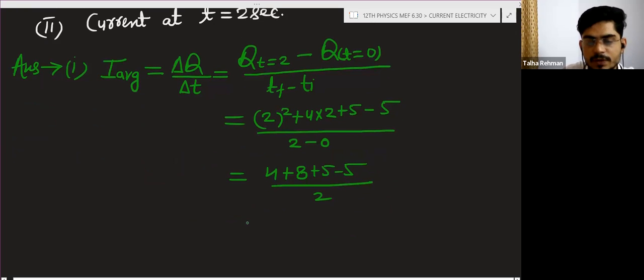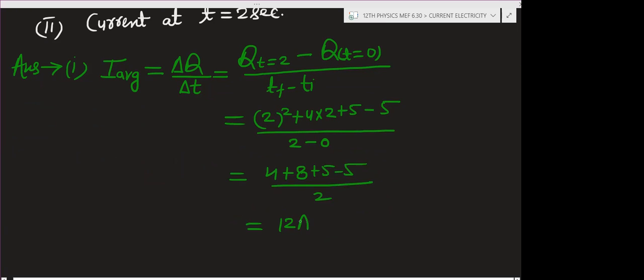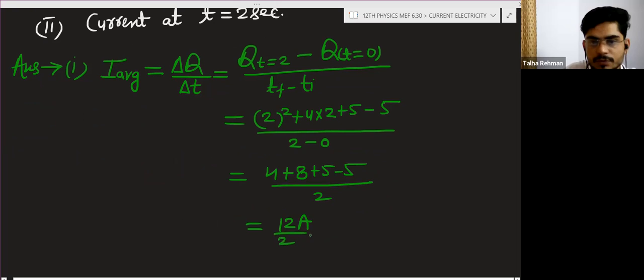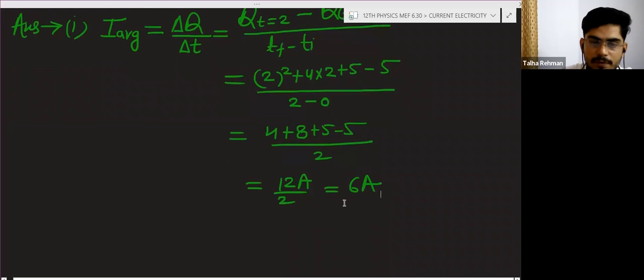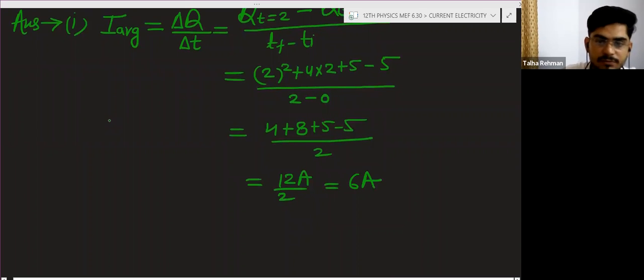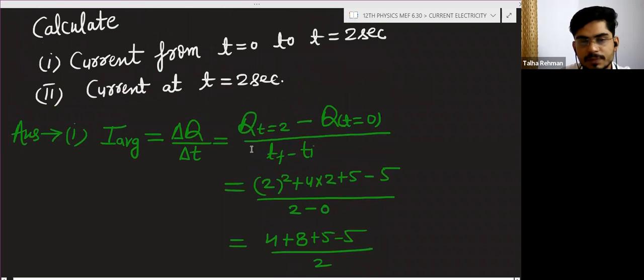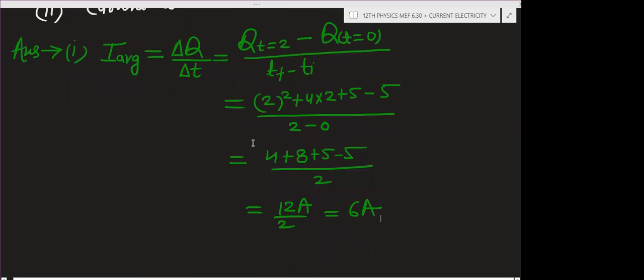So the answer will be 12 ampere. Answer 6, right? Oh, sorry. Divided by 2. This will be 6 ampere. Okay. Now all completed? Yes, sir.